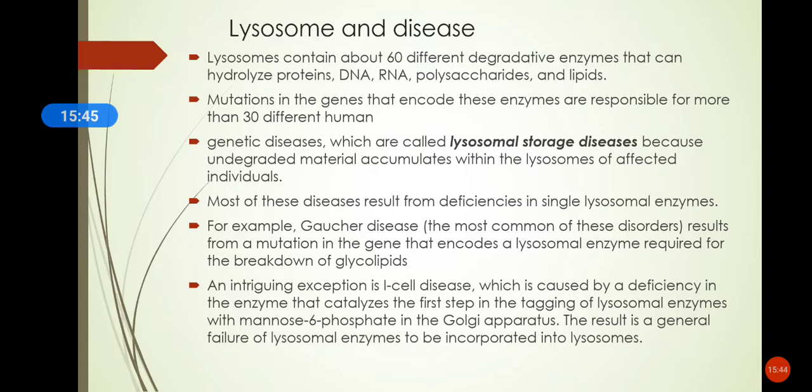These are genetic diseases, called lysosomal storage diseases, because undegraded material accumulates within the lysosome as they do not have the correct enzyme to degrade it. This is happening due to mutations in the genes that encode these enzymes.